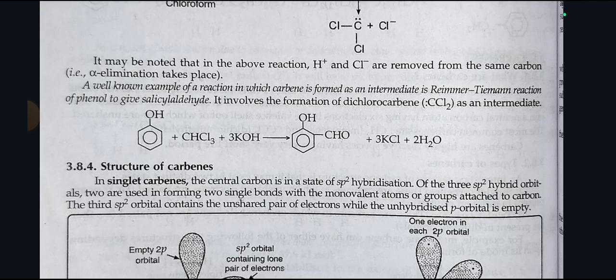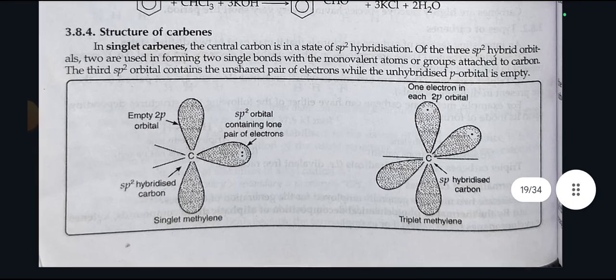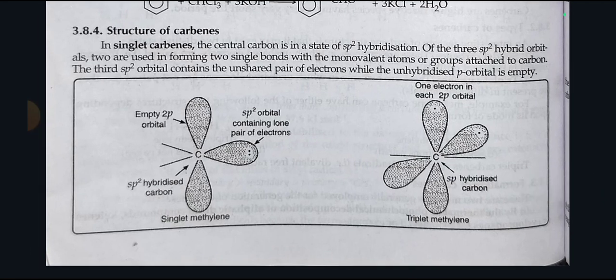Phenol plus CHCl3 plus 3KOH gives salicylic aldehyde, C6H4(OH)CHO, plus 3KCl plus 2H2O. 3.8.4 Structure of carbenes. In singlet carbenes, the central carbon is in a state of sp2 hybridization.